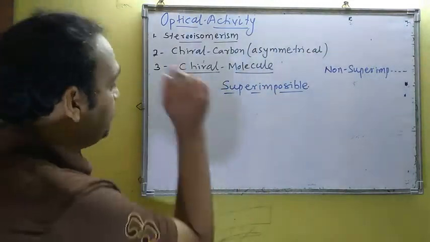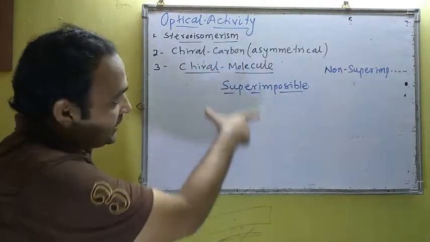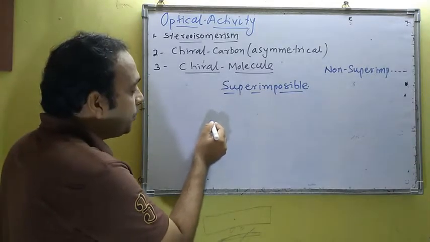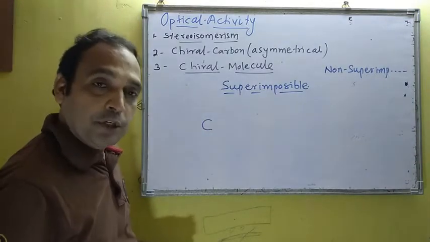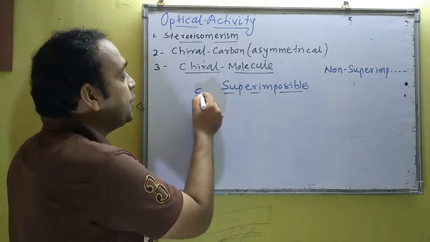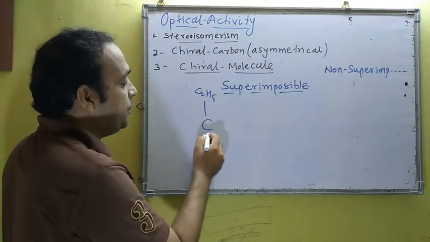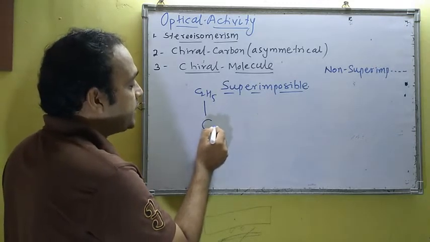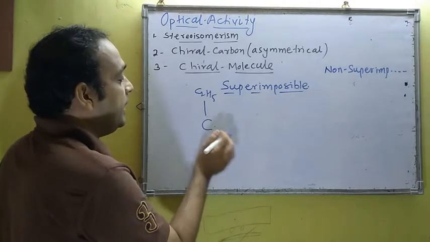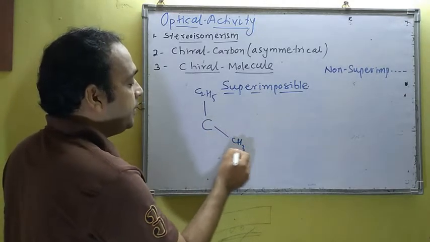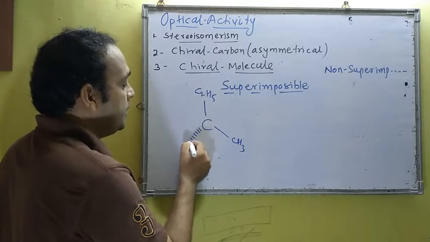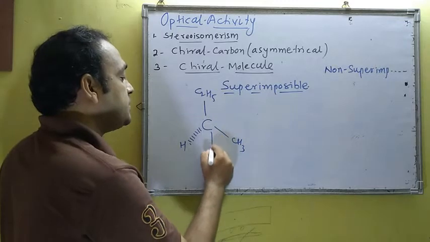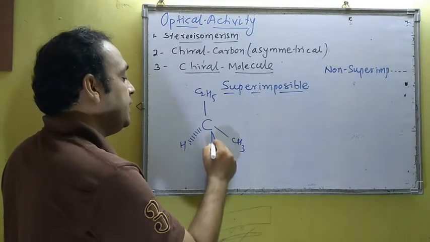Take the example of 2-chlorobutane, which we wrote here earlier. Student, in the case of 2-chlorobutane, see, this one is my carbon number 2. Attached here is C2H5, that is the ethyl group, then CH3, then next is the hydrogen atom, and the last part is Cl.